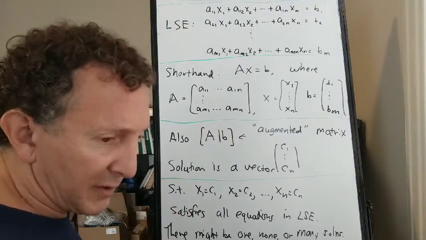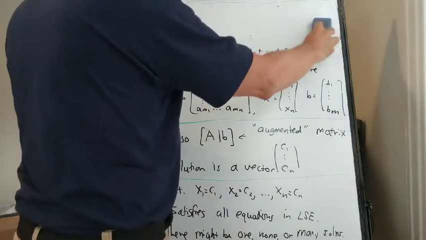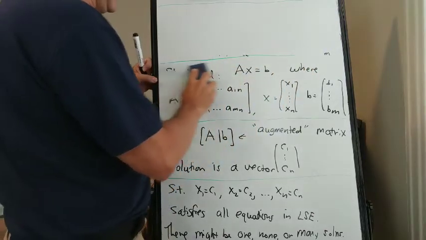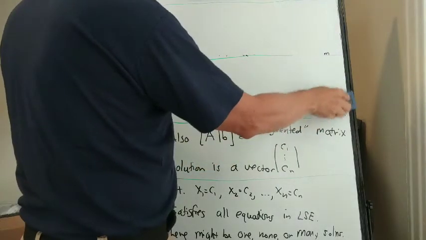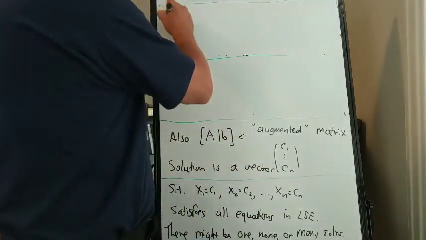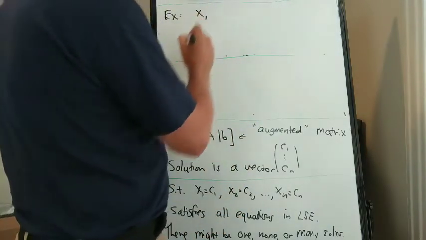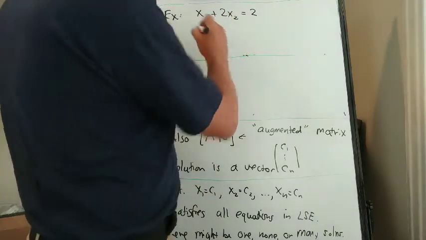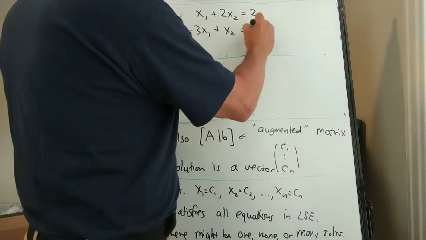Let's do some examples of each of these possibilities. To start off with, let's let m and n both be 2. So the coefficient matrix is going to be a 2 by 2 matrix. So let's look at x1 plus 2x2 equals 2, and negative 3x1 plus x2 equals 1.